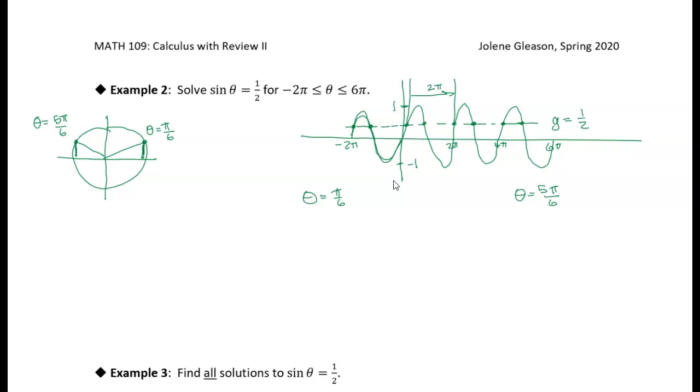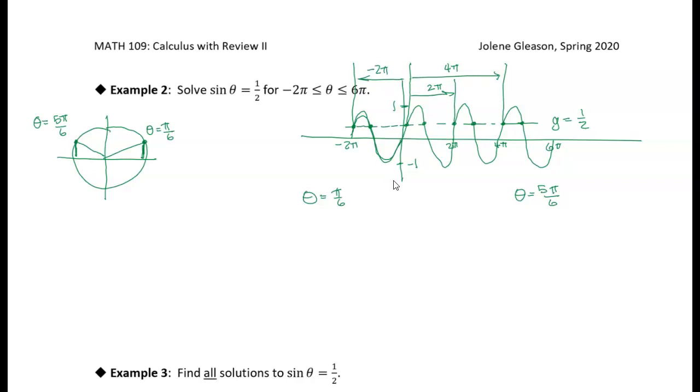And if I want to get this one, which is the corresponding angle in the third cycle, then I need to add 4 pi to go from here to here. And if I want to get this point here, I've got to subtract 2 pi. Okay?